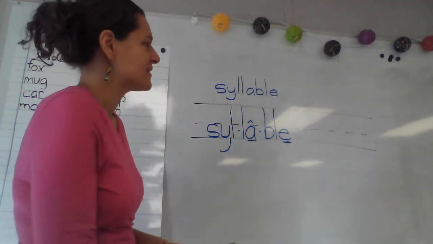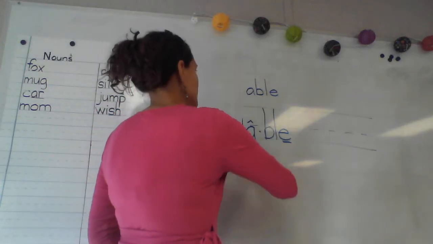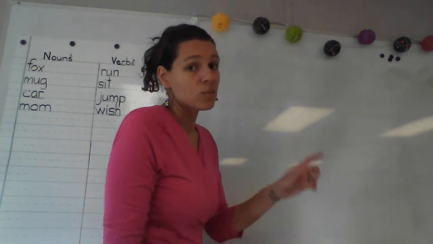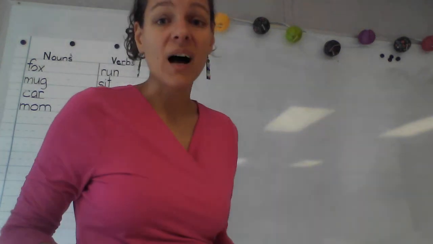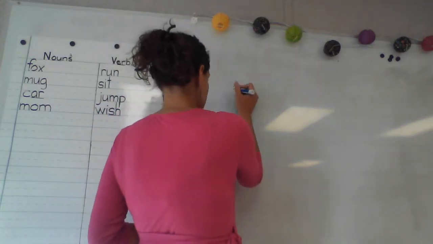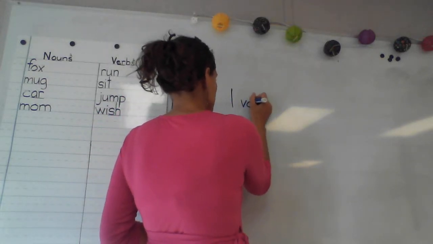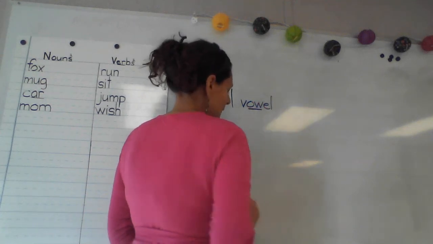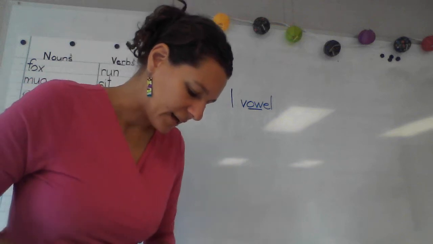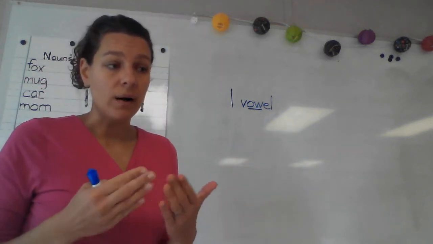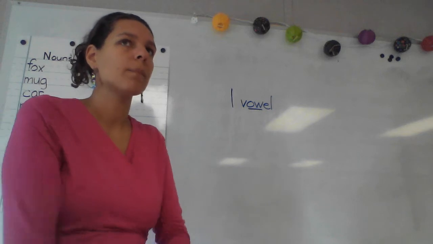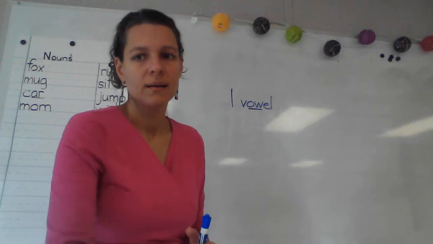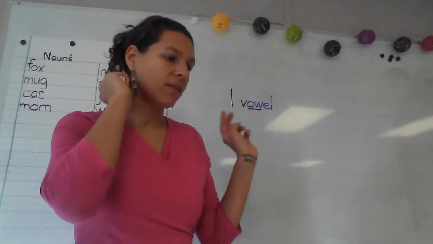So a syllable is a chunk of a word that is one vowel and the consonants that go with it. Every syllable has one vowel sound, because we learned our ow, o, right? That makes a vowel sound even though it's two letters.